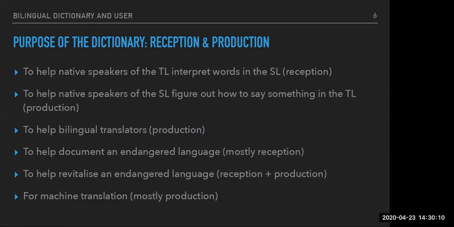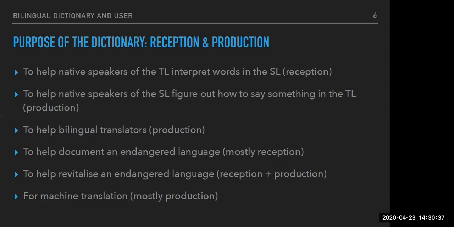And then we come to dictionaries created for machine translation, where it's mostly production. So you need to decide what type of dictionary you want to make. What is the purpose of your dictionary before you even start making it? Because, as I said, there are many aspects of the dictionary that will be decided based on this.